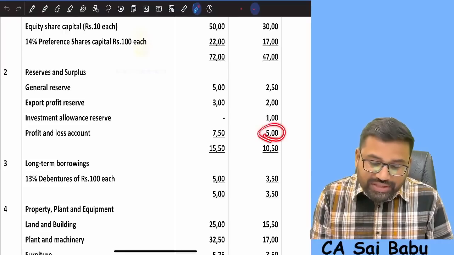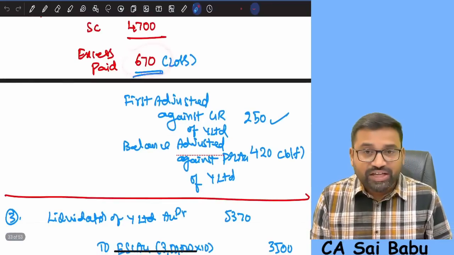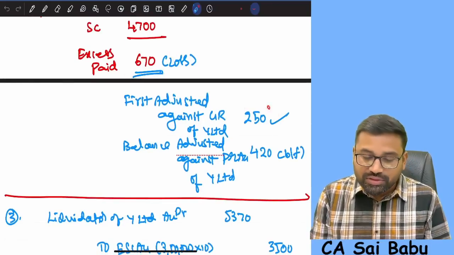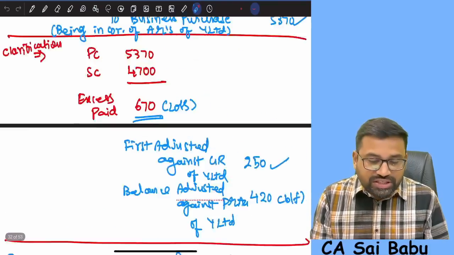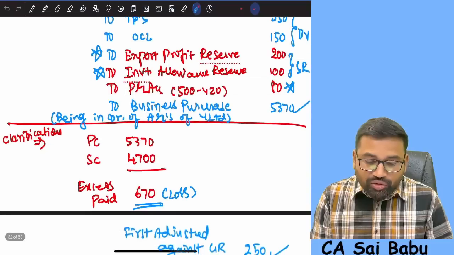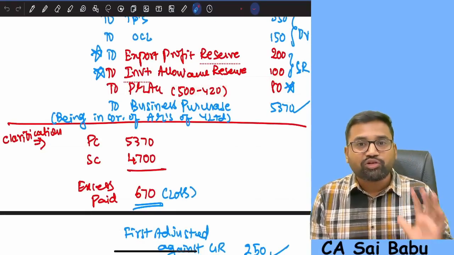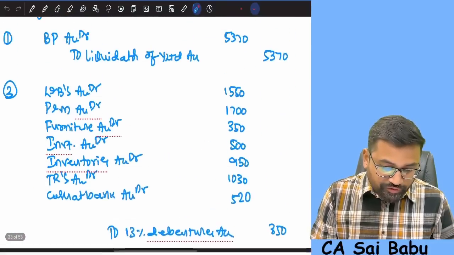Next, P&L account is there, 500, adjust. So this 670 loss, first we adjust against general reserve 250, not sufficient, then we adjust against the P&L account. So this is how the incorporation will be done. Now from the 500 P&L account, if I adjust 420, only 80 will be incorporated. This is incorporation in case of the pooling of interest method.